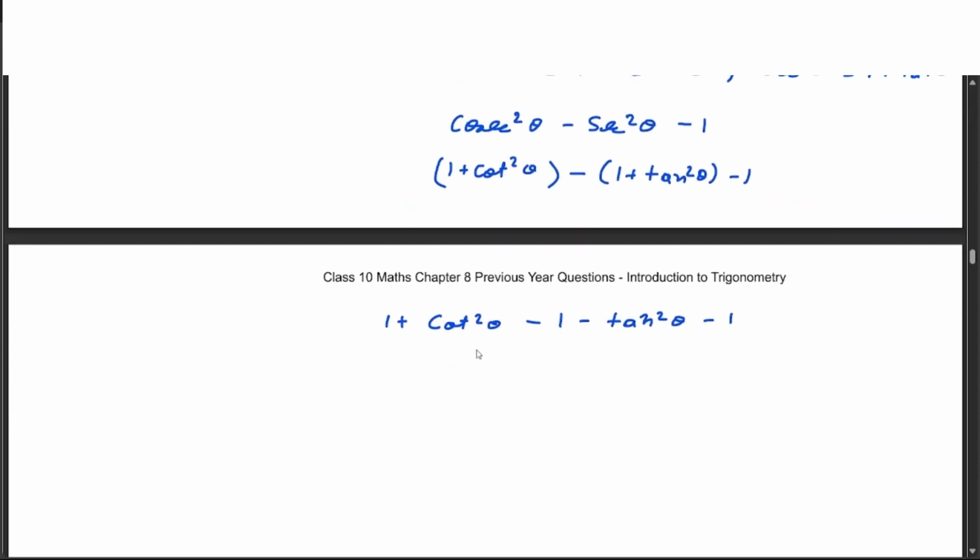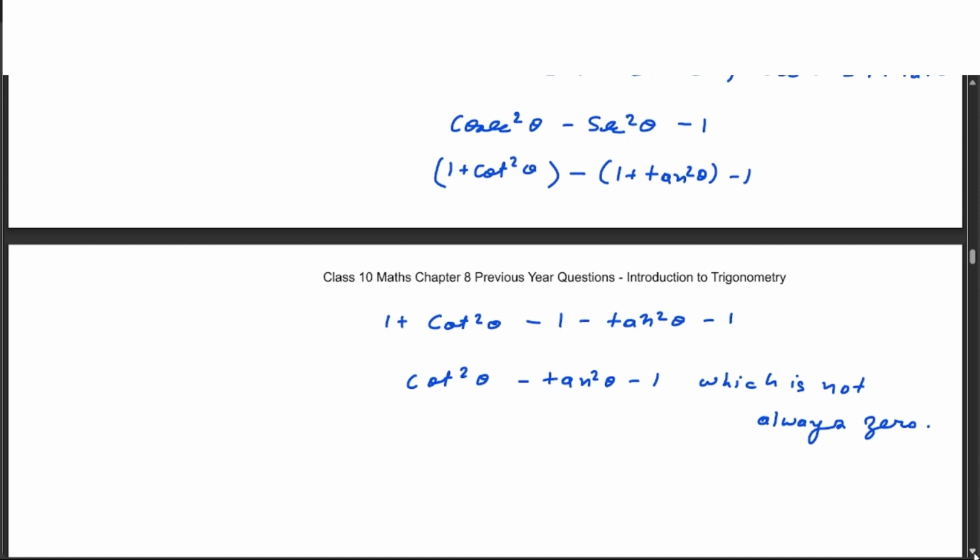Here you can see the 1 and minus 1 get cancelled, so you will get cot square theta minus tan square theta minus 1, which is not always 0. So this option is also not correct.